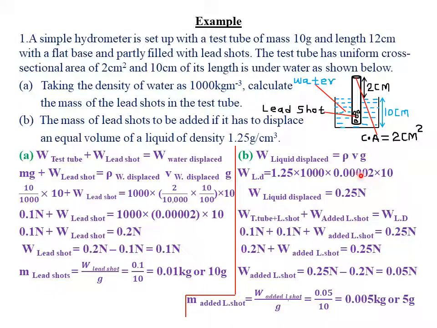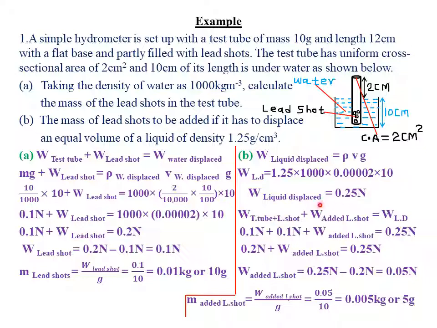So we are using the same volume because the question has told us that it has to displace an equal volume of the liquid. So the volume of the water displaced will be equal to the volume of the new liquid that will be displaced. Then of course multiply by gravity, which is 10. If you take 1.25 times 1,000 times 0.00002 cubic meter times 10, you'll obtain the weight of the liquid displaced to be 0.25 Newton, which is equal to the new upthrust.